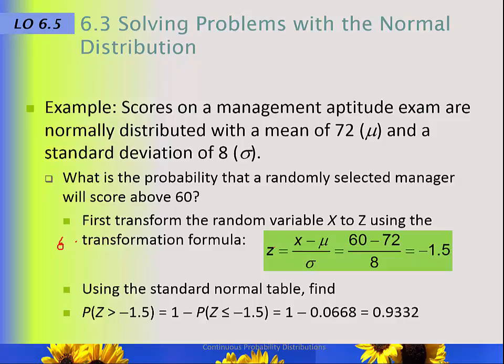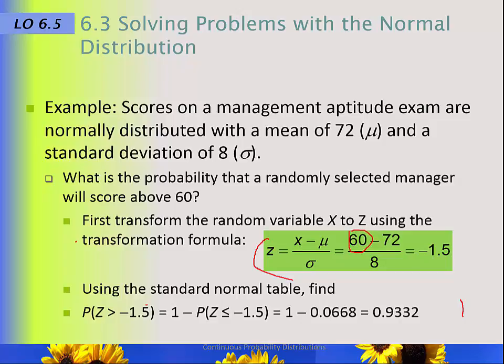So first thing we want to do is use our z formula that we were just talking about. We're going to plug in our values. The value that we're interested in determining is 60, right?